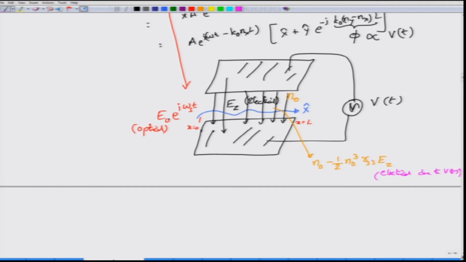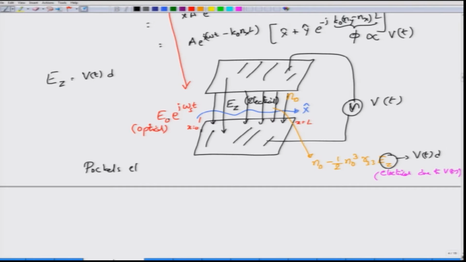Since E and V are related for the plane capacitor type of situation that we have considered, Ez is given by V of t divided by d, where V of t is the slowly varying function of time which we have assumed. So you can substitute for Ez. What you have just observed is what is called Pockel's effect.